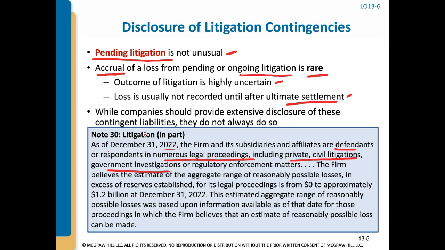It says the firm believes the estimate of the aggregate range of reasonably possible losses, so it's reasonably possible, which means they do not have to accrue a liability on the balance sheet, but only disclose in the notes. They believe the aggregate range will be anywhere from $0 to $1.2 billion. So that's a pretty wide range.